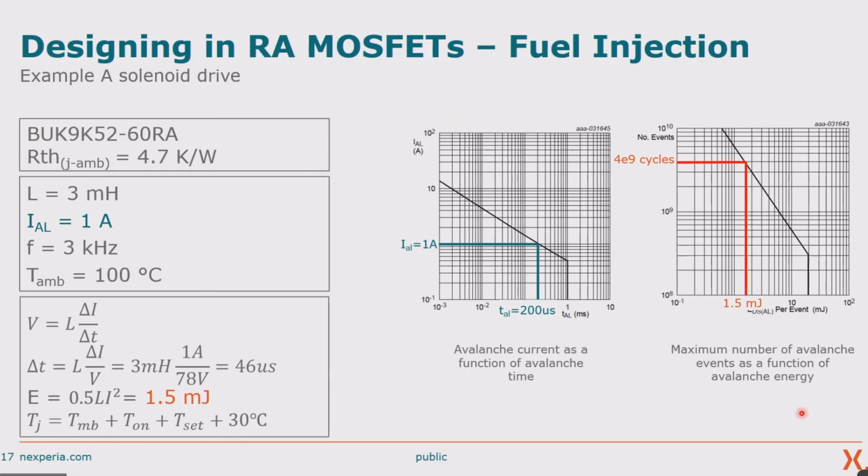Okay. Then a question about slide 17, if we go back to that one. How is the 78-volt avalanche voltage assumed? Yes, the 78-volt avalanche voltage is assumed as 30% over the drain source breakdown voltage of the MOSFETs, which is 60 volts.